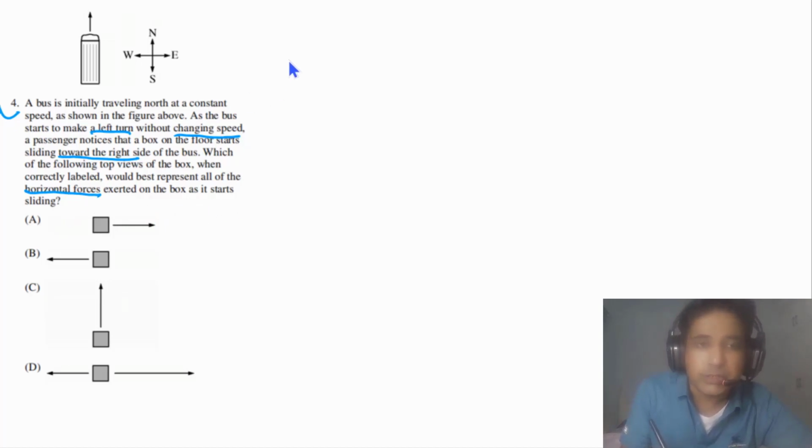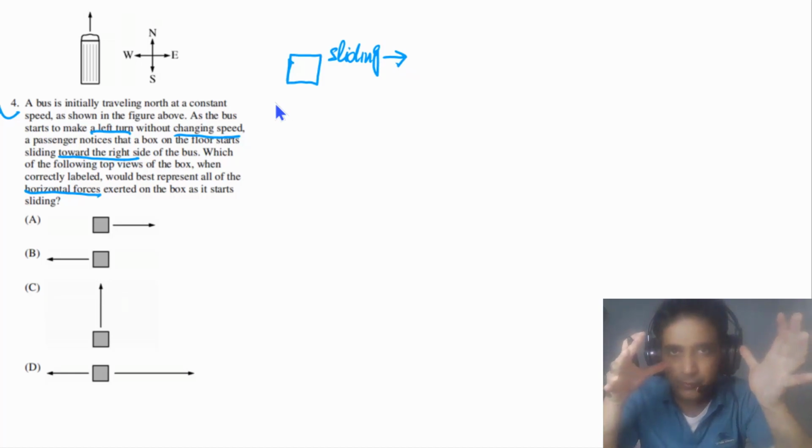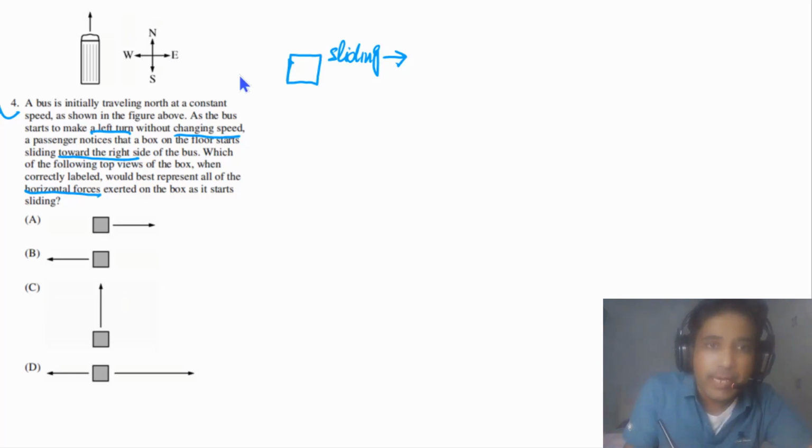In this case, it is given that the box starts sliding to the right. As the box is sliding to the right, there will be a horizontal force on the box, and that horizontal force is only the force of friction.